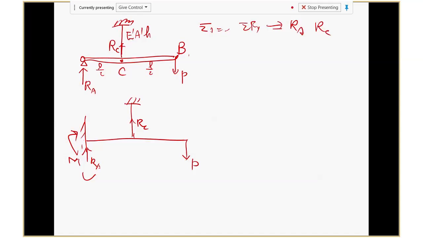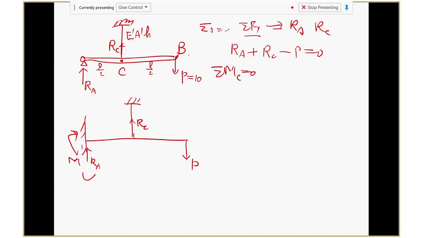Okay, you're not sure? Let's just write it. I think that won't take too long. Sigma Fy equals 0. Let's say P is 10. So you have RA plus RC minus P equals 0. Right? Second equation: sigma M about point C equals 0. Can I write this equation of equilibrium?